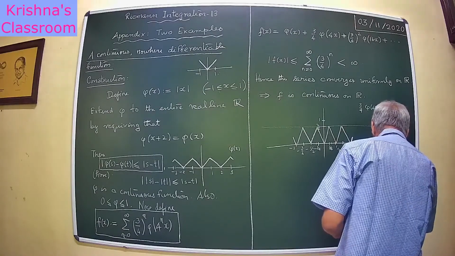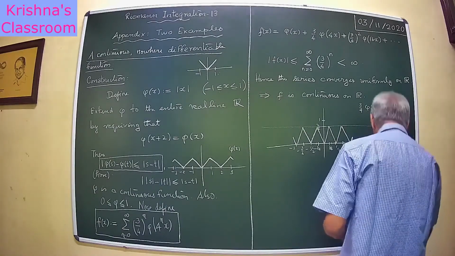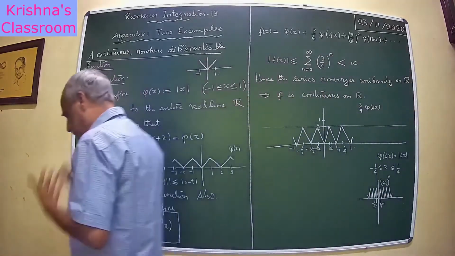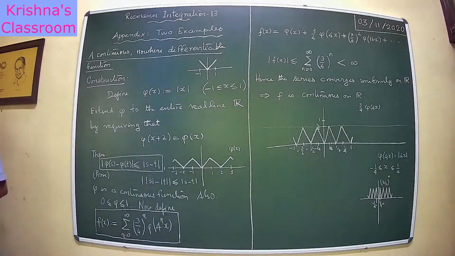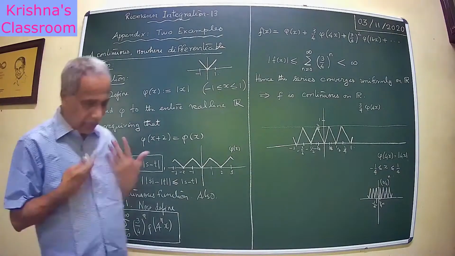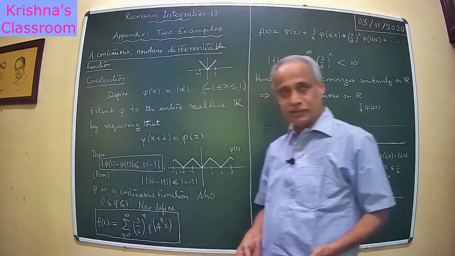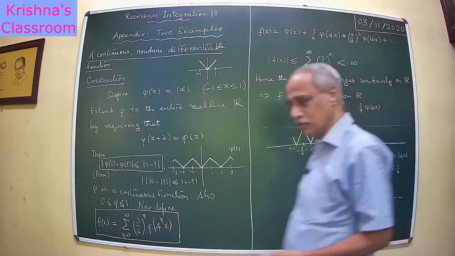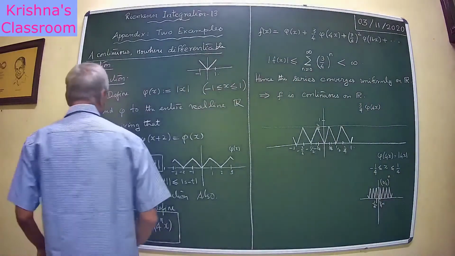It just starts oscillating more rapidly, and there is more and more rapid breakdown of the differentiability of the function. There are more points where the function fails to be differentiable.